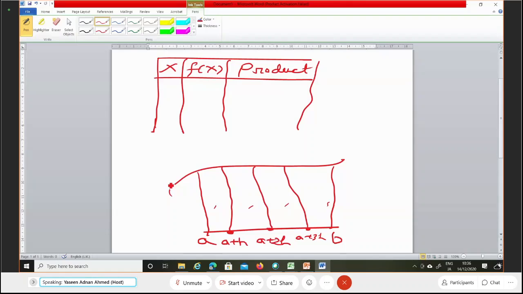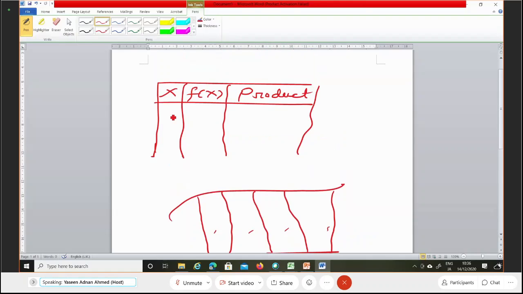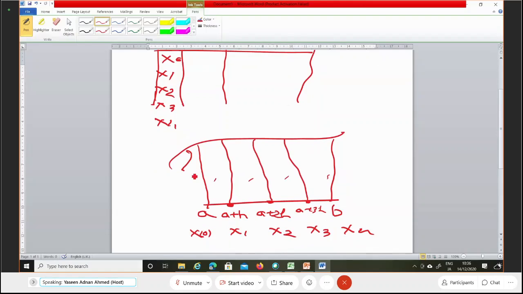So for simplicity, I consider this one as X0, then X1, X2, X3, and X4. You just write the values of X0, X1, X2, X3, X4, and you need to find the corresponding values for each of them.